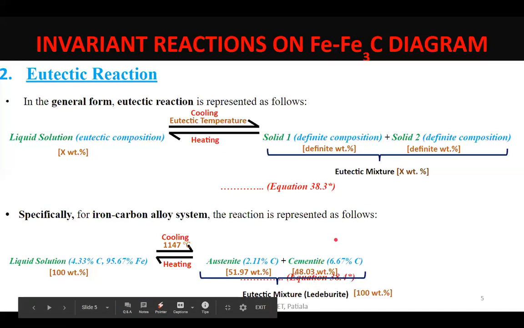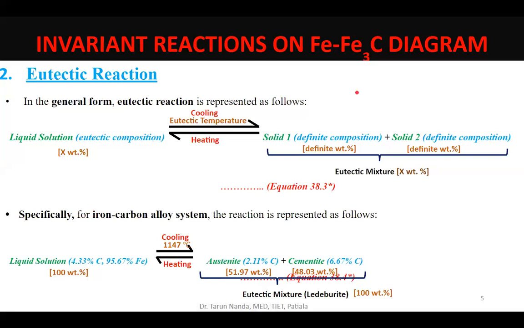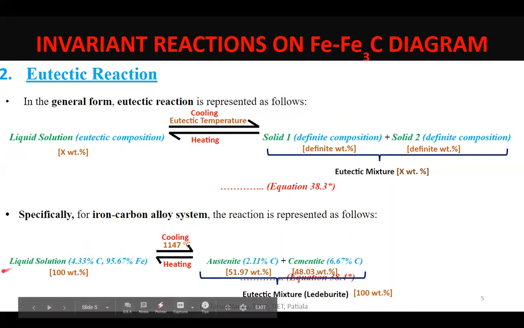Okay, students. So now, as I discussed with you during the peritectic reaction, there are a couple of questions which one can ask with regards to the eutectic reaction. The first question would be: which of the iron carbon alloys will actually show this reaction? The answer is that any iron carbon alloy which, on being cooled and reaching the eutectic temperature 1147, has liquid solution of this composition in it will show the eutectic reaction.